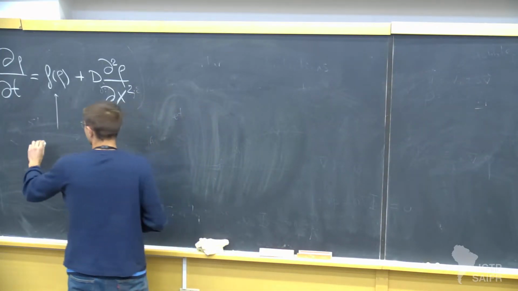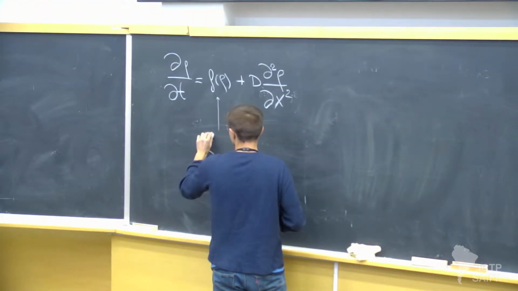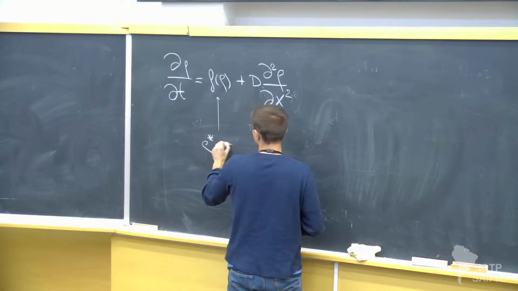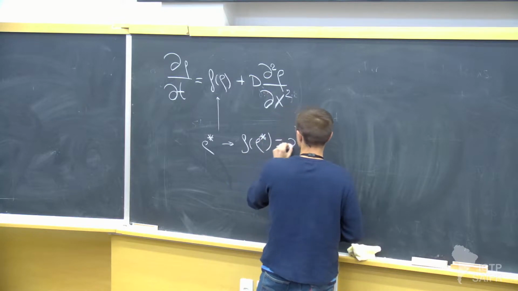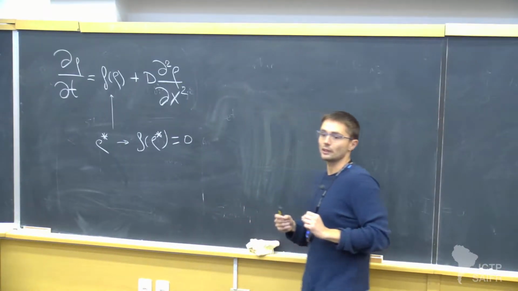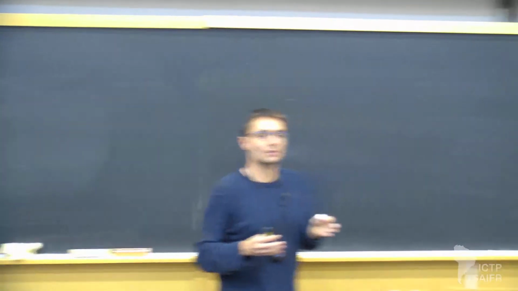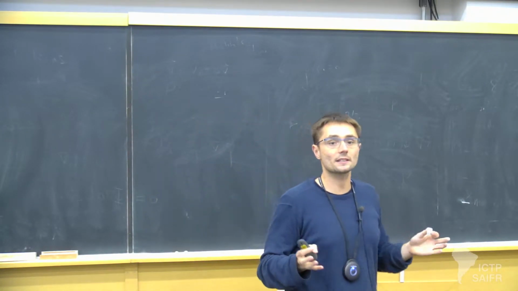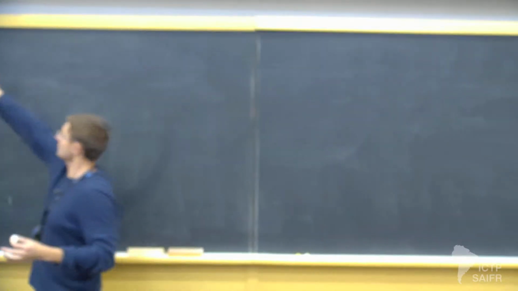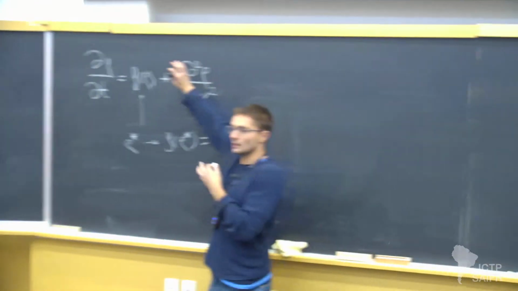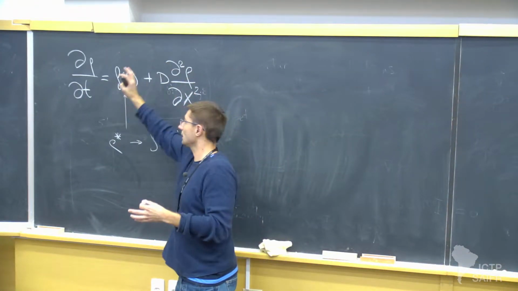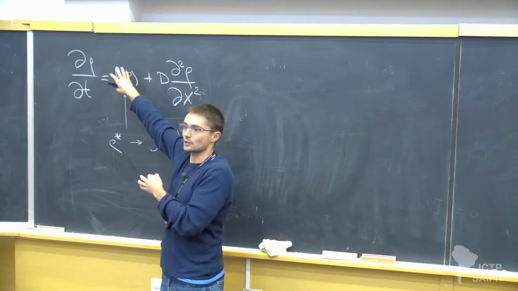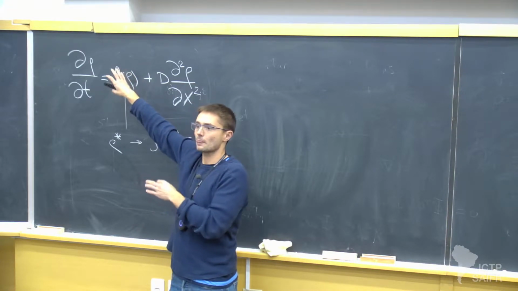But in principle, we are going to have some rho star solutions for which f of rho star is equal to 0, right? And if we assume that these solutions are homogeneous in space, then this derivative is going to be 0, and therefore the homogeneous solutions of this equation are the same as the ones for this equation in the stationary state. Okay?